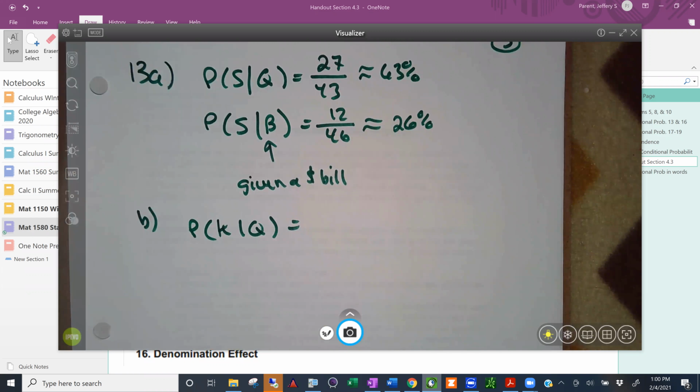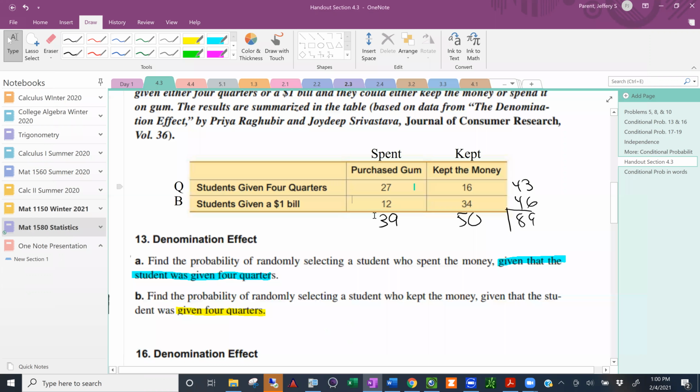So again, you got to think, where am I on this table? The kept column. Good. No, we do want to think about the kept column eventually, but look at the given part. What are you told has absolutely already happened?